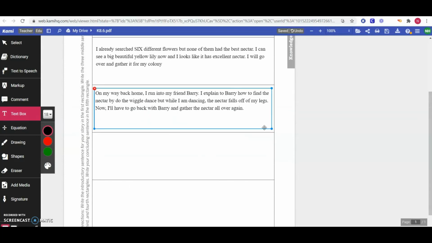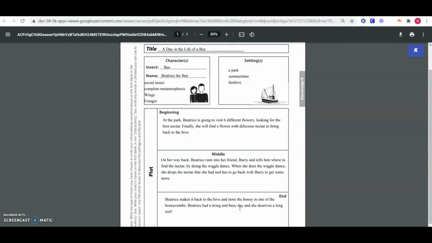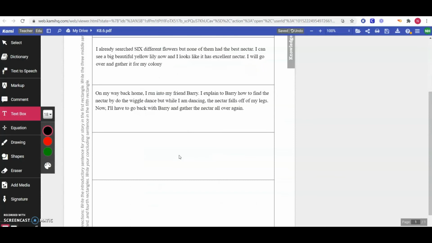In the 4th box, the 4th rectangle, we're going to write what happened at the end. At the end of my story, Beatrice made it back, and she was able to store the honey in the honeycombs.